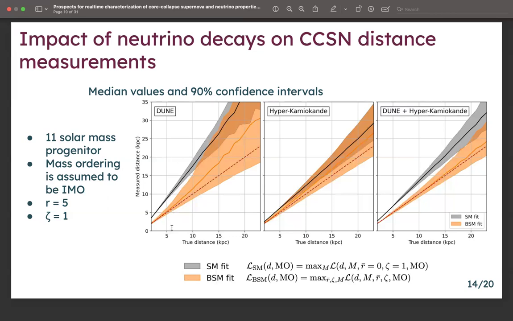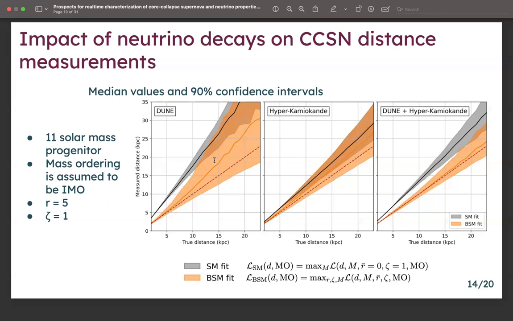Now, if we leave the possibility open that beyond the standard model physics is a possibility, leaving R and zeta free in the likelihood, and do a BSM fit, in that case, you see in DUNE and Hyper-K that we managed to get not rid, but to improve a lot the problem of the bias.